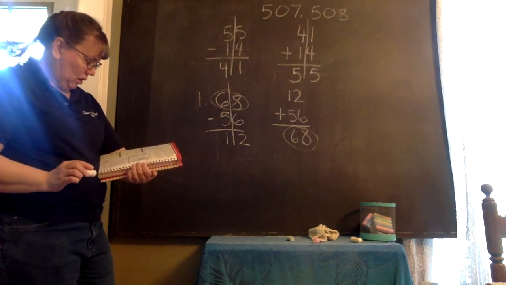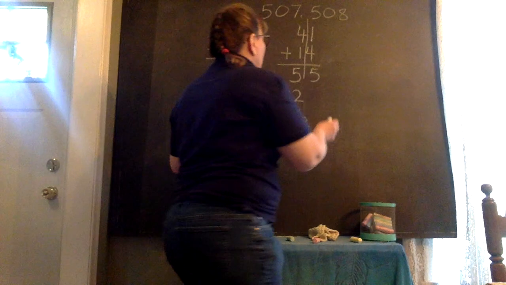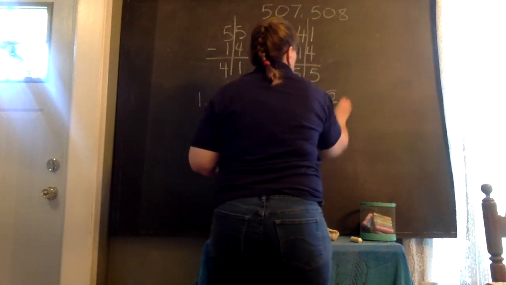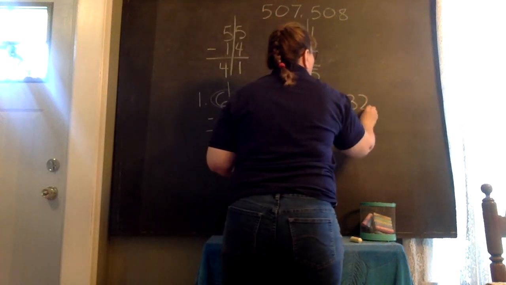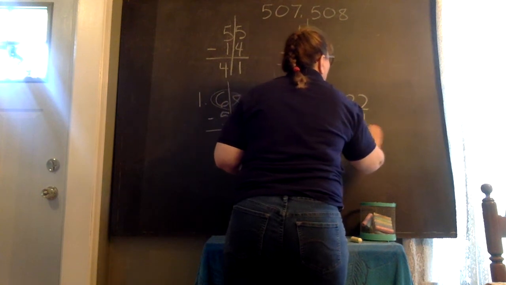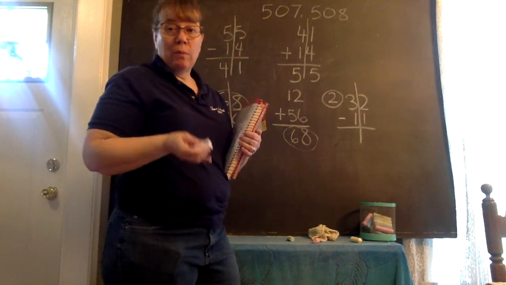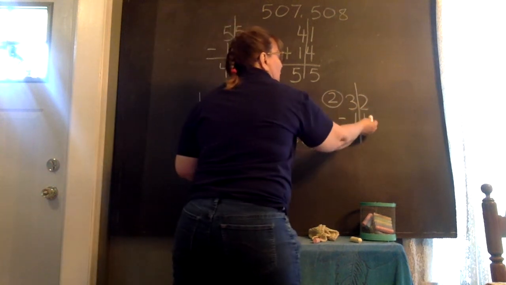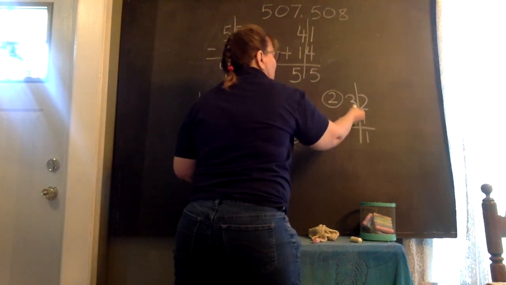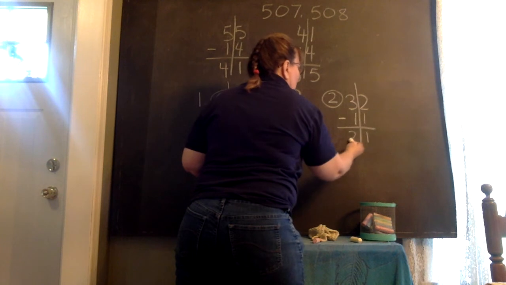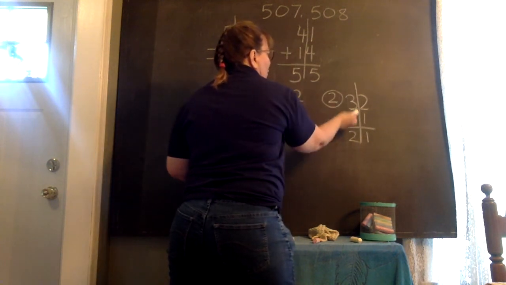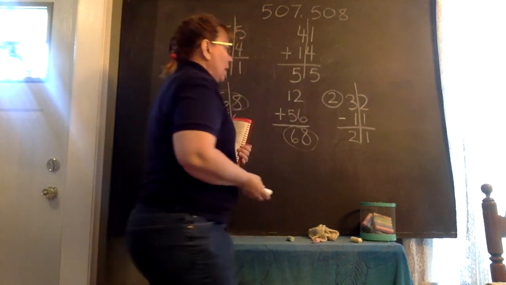Okay, and let's go over here and look at number 2. 32 minus 11. I'm going to draw my line to help me remember to start with my ones. 2 minus 1 is 1. 3 tenths minus 1 tenth is 2 tenths. So 32 minus 11 is 21.